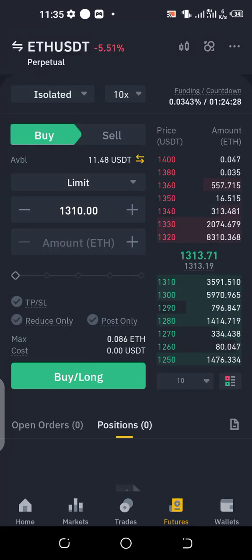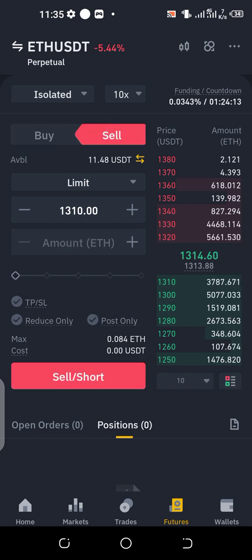Okay, so using Ethereum as an example, the minimum one can buy or long is 0.001 Ethereum. The same thing with shorting or selling, it's 0.001 Ethereum.